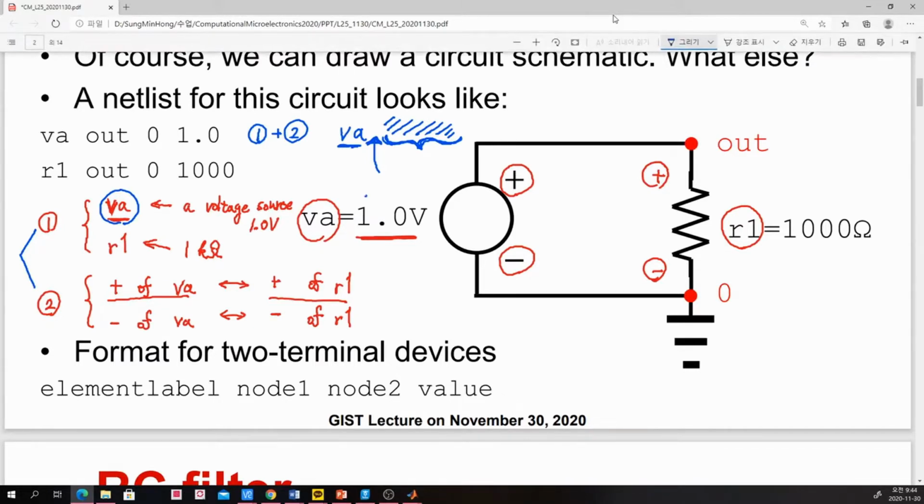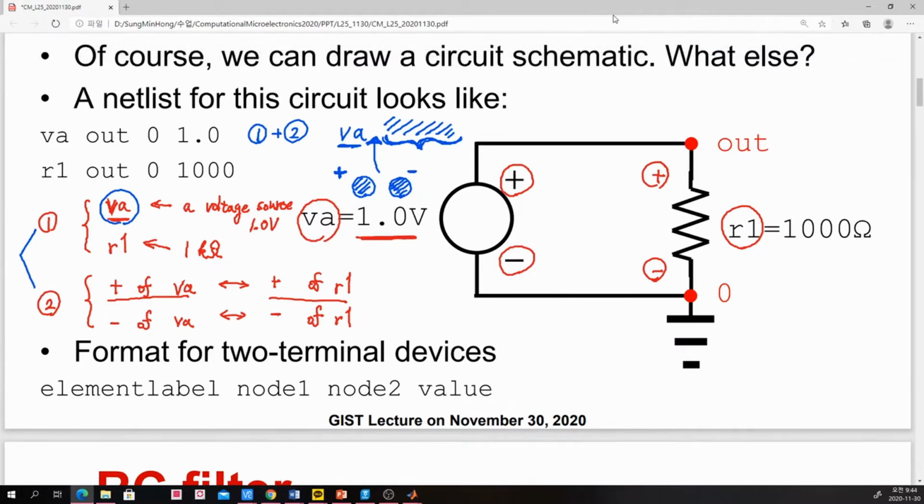So the first letter and second letter come in this position, and that position corresponds to the connected circuit node for the positive terminal and negative terminal.